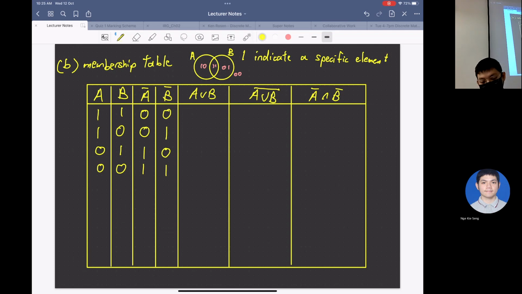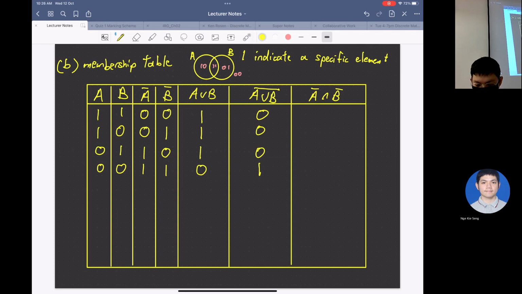Okay, so what is A union B? For 1 1, you get 1, because if it is in A and B, it is definitely in the union. For 1 0, you get 1 as well, because in a union you take all the elements, so even if it's not in B, you still take it. If it's not in A and not in B, then it's not in the union. So you do the complement, you get 0 0 0 1. How about A bar intersect B bar?